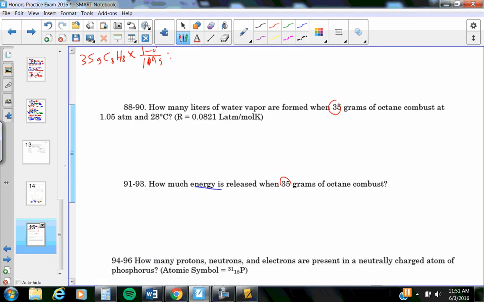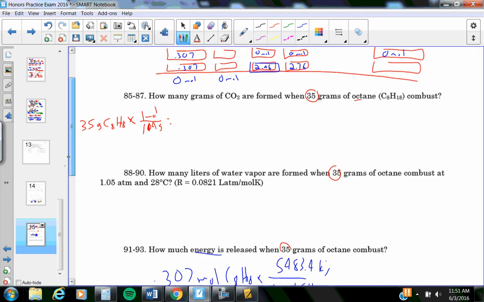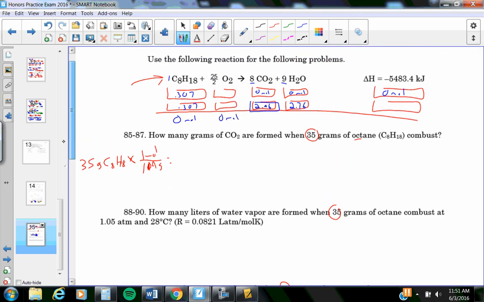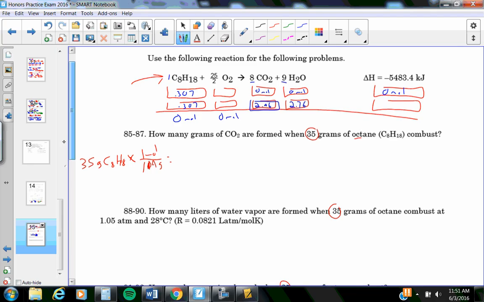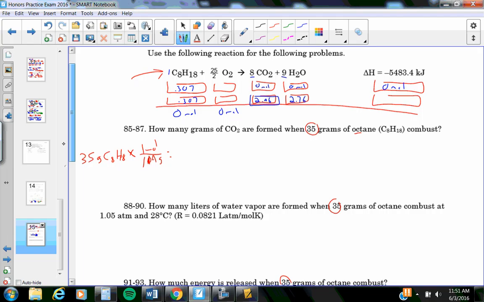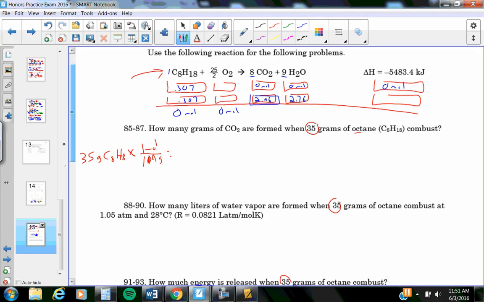How much energy is released? 0.307 moles of C8H18. 1 mole of octane, C8H18, releases 5483.4 kilojoules. I'm getting that from the balanced reaction. I'm ignoring that negative sign. There's no such thing as negative energy. The negative just tells you that it's being released and it leaves the system, but we don't calculate it, otherwise we'd get a negative; we don't need a negative number.